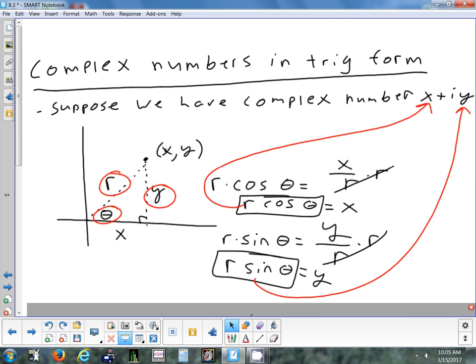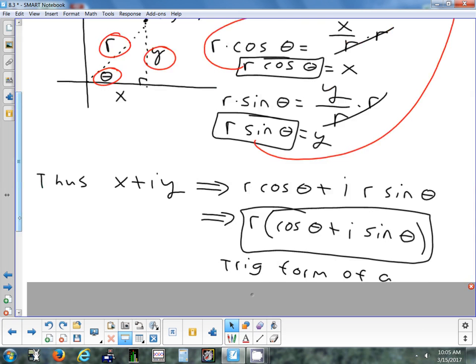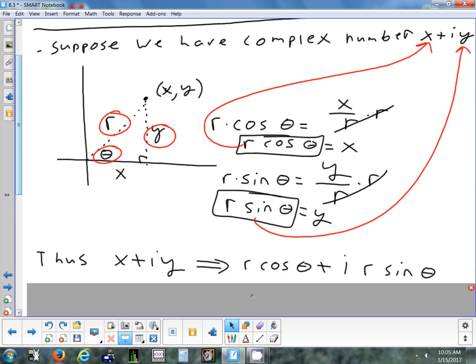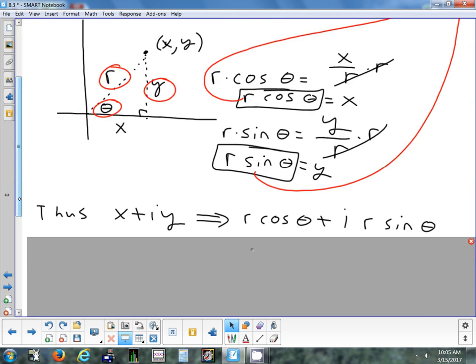We're not going to have any x's and y's. So if you make that substitution, instead of x, you would have r cosine theta plus, the i stays right where it is, times y, which is r sine theta. Now, there's something I can do to simplify that a little bit. What does each term have in common there for a factor? It has an r. So what can I do with that?